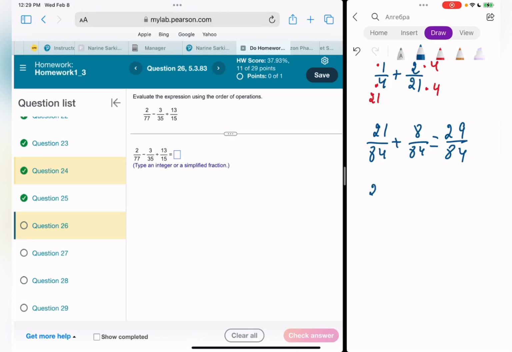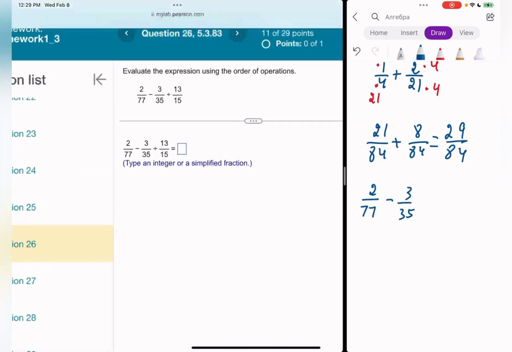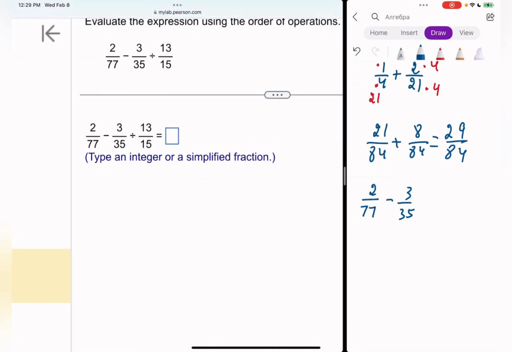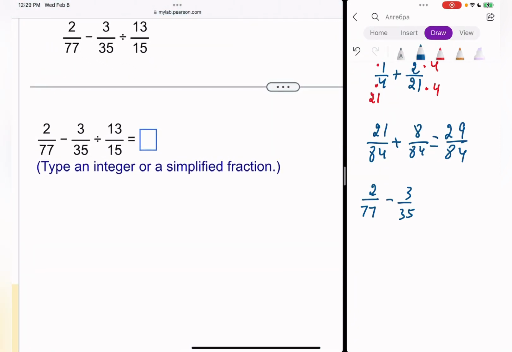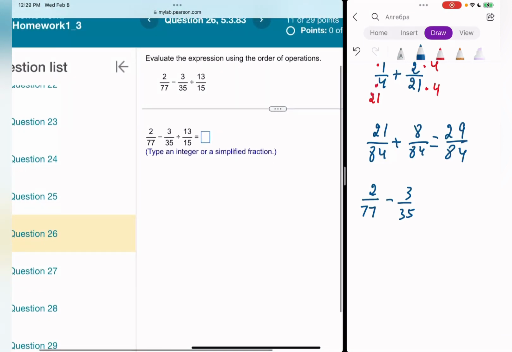So 2 over 77 minus 3 over 35, divided by 13 over 15. Okay, let's subtract 77, 35. No, actually first we are doing division.